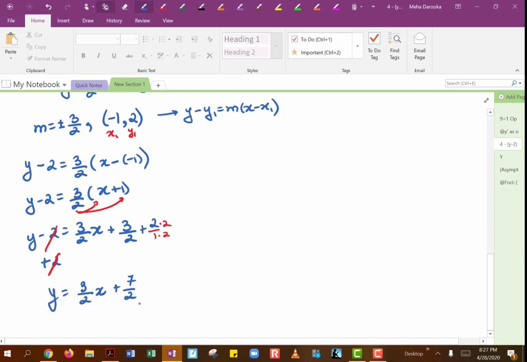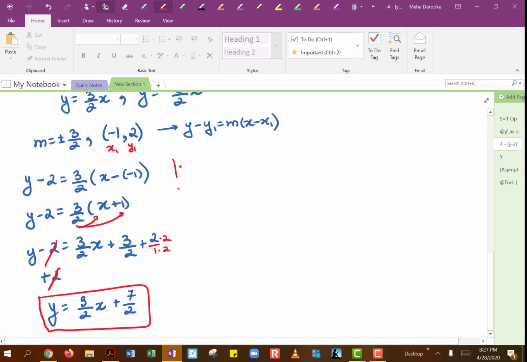This is going to be one of our equations for the oblique asymptote, and then for the second one, we will need to use a slope of negative 3/2. Okay, so now let's do this again. y minus 2, but now we have a slope of negative 3/2, times (x minus negative 1).